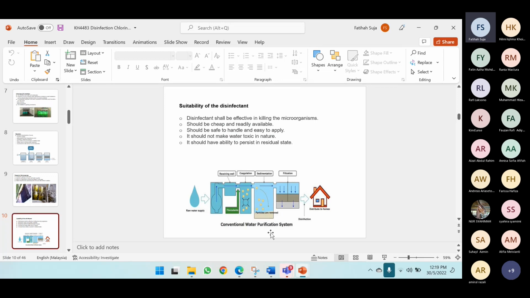So, conventional water purification system. You need this raw water supply, then the receiving well, coagulation, sedimentation, filtration, and disinfection. When you distribute to homes, you have to disinfect here. Then you also have to make sure that some of the disinfectant is still in your water supply and stays there until the water reaches the household.